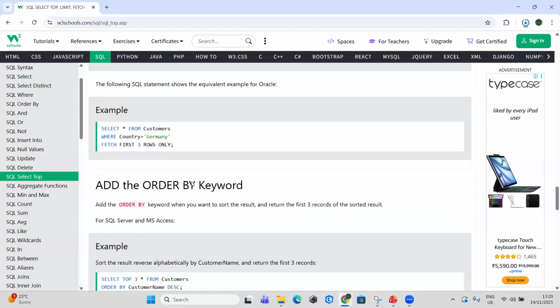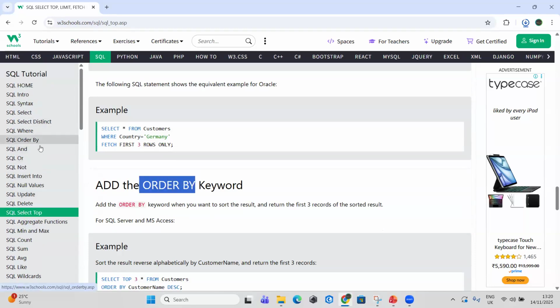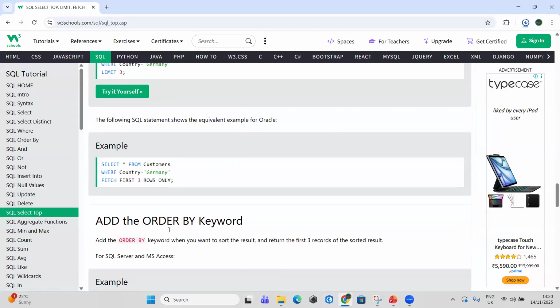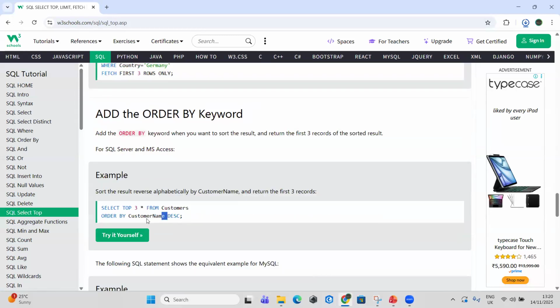So then there comes in this one, the order by. I think we discussed it somewhere. So now instead of Germany, I apply a condition that arranges the list in ascending or descending order and then shows me the top three, right?